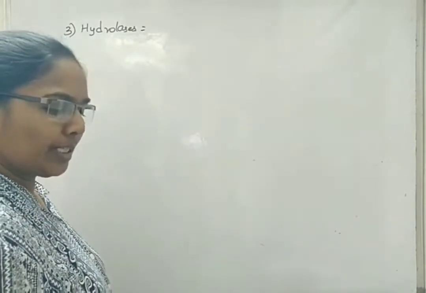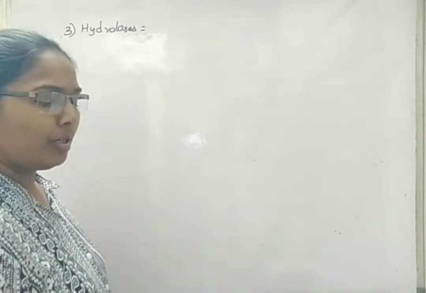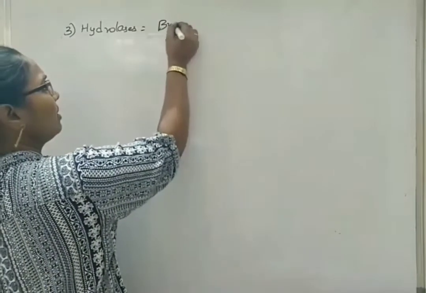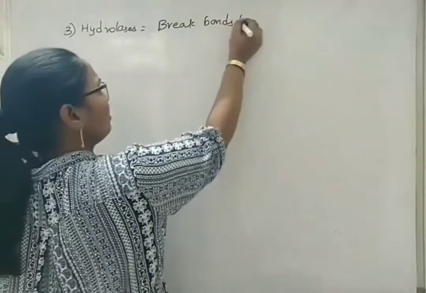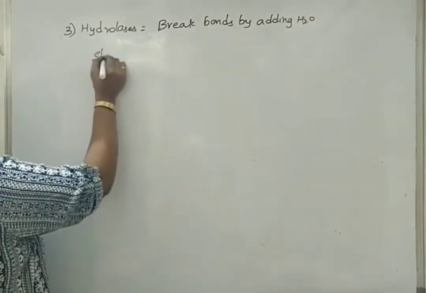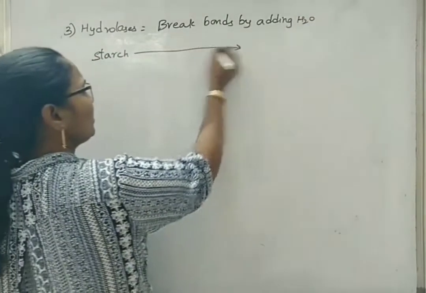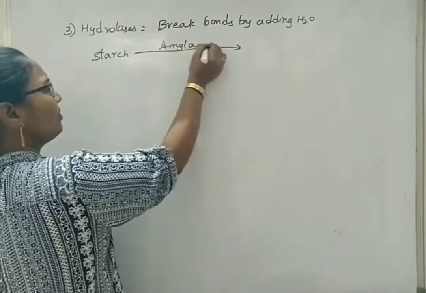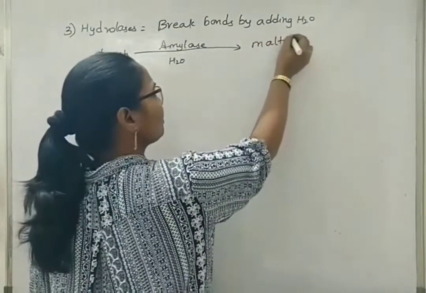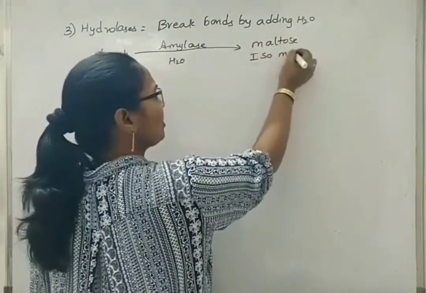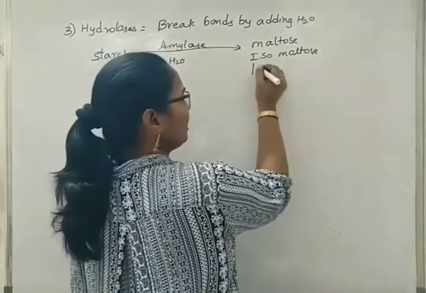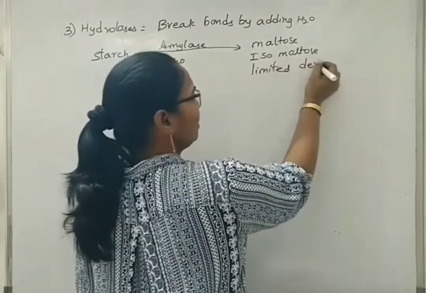When we add water in the presence of the enzyme amylase or ptyalin, it gets converted into maltose, isomaltose and limited dextrins.